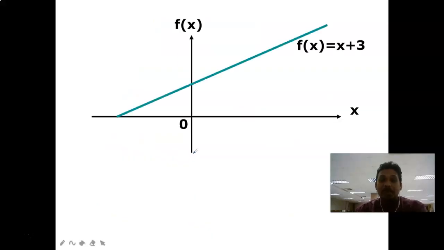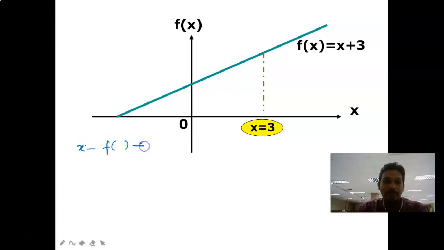So, for example, let's say x equal to 3. As we know from the topic of functions, when we substitute x into the function f, it gives you the value of y. So x is an input and y is an output.